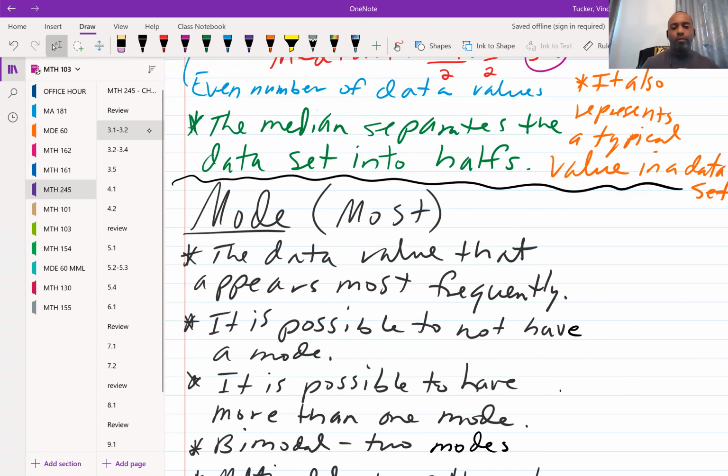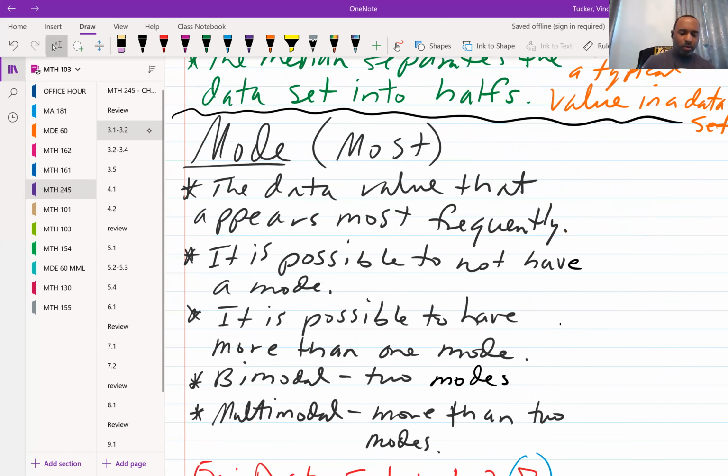It is possible to have more than one mode. So if it's bimodal, that means it's two modes. Multimodal means you have more than two. Okay, there we go.